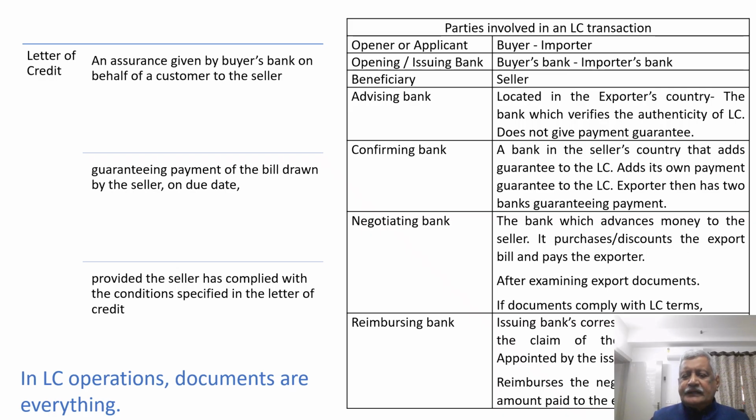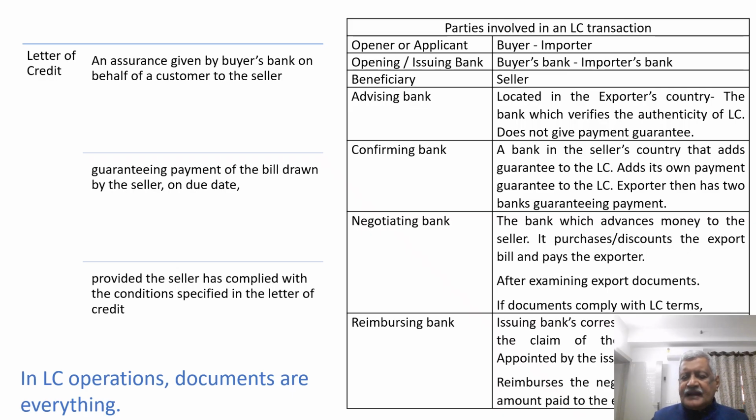The advising bank, located in the exporter's country, is the bank which verifies the authenticity of the LC; it does not give a payment guarantee. The confirming bank, a bank in the seller's country, adds its own payment guarantee to the LC. The exporter then has two banks guaranteeing payment.